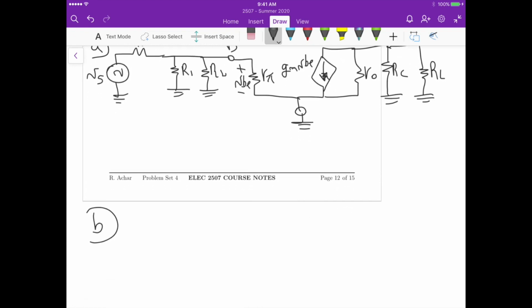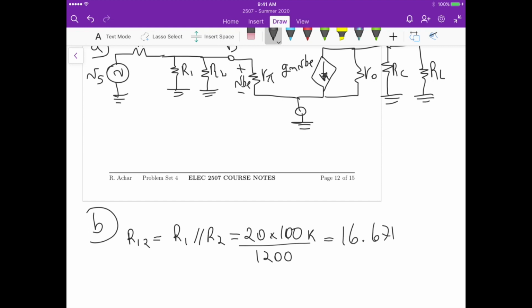So we know that this parallel, which we call R12, is equal to R1 in parallel with R2, and that's equal to 20 times 100 divided by 120. So that's 16.67 kilo ohm.